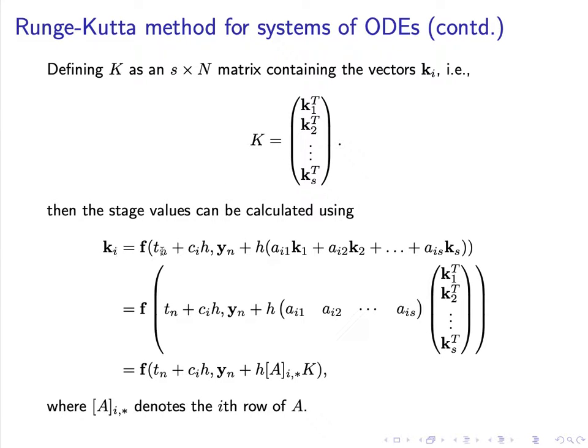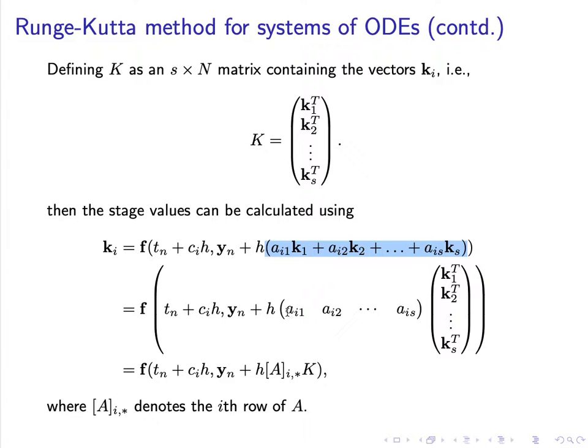So here is our standard stage value calculation with the summation expanded out. The change we're going to make here is to rewrite this bracket as a matrix multiplication.